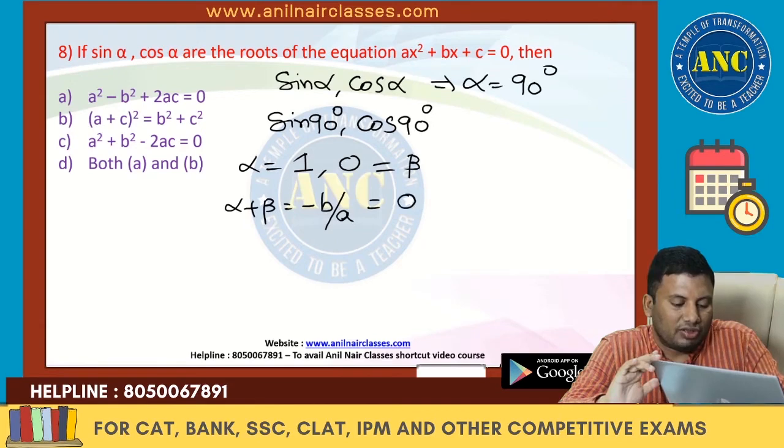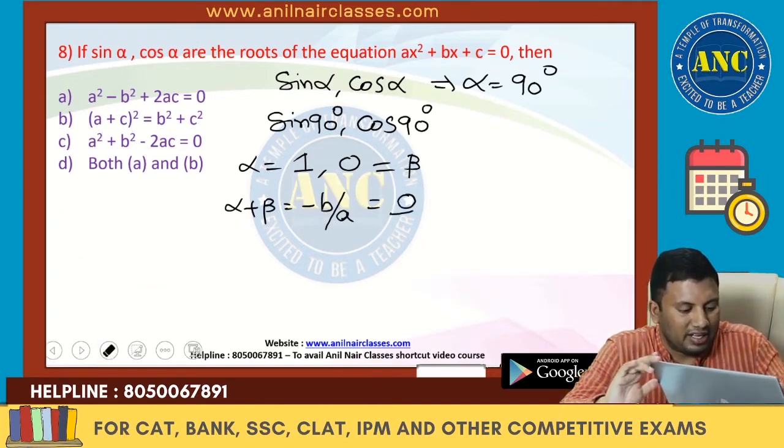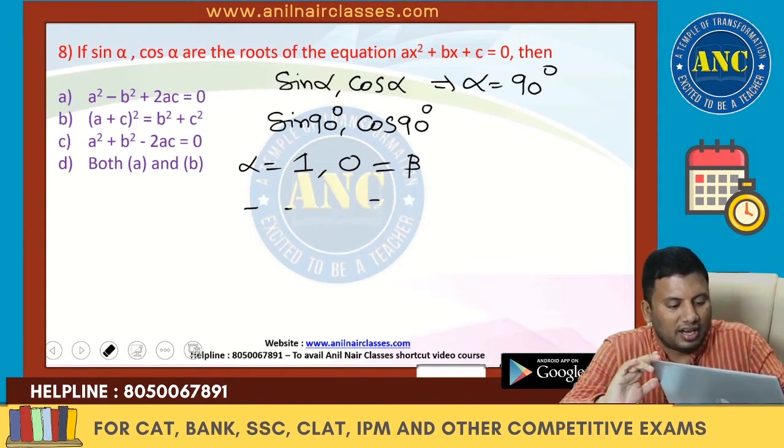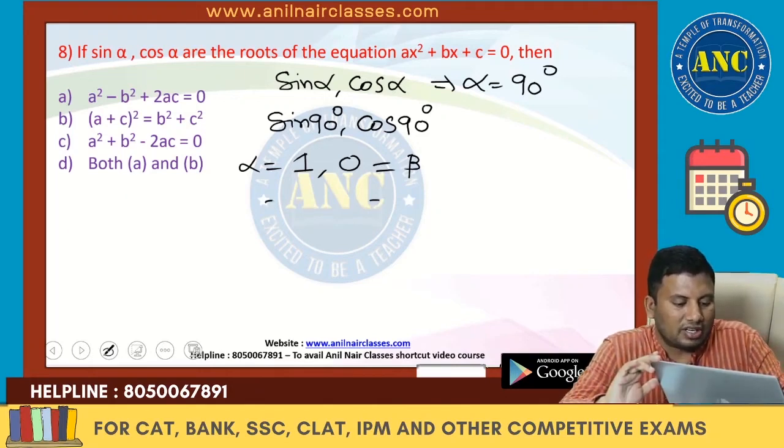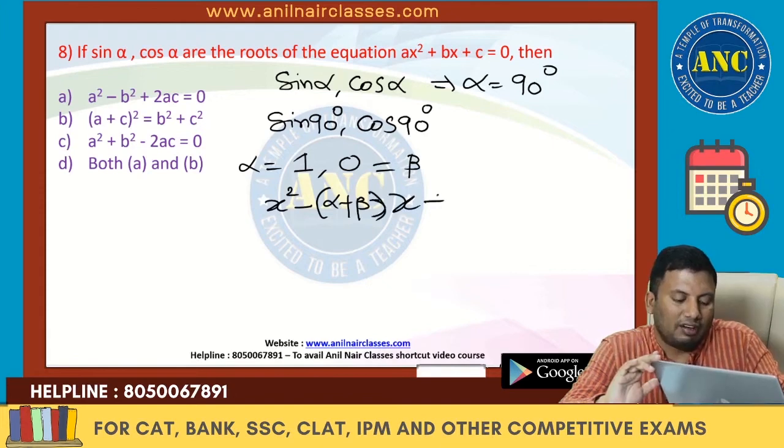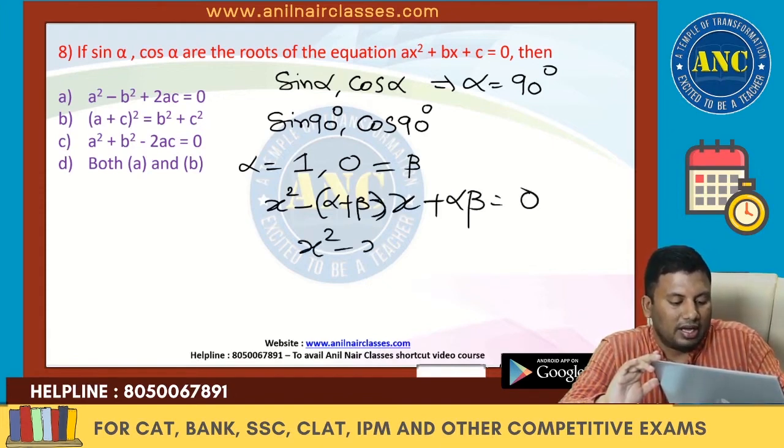So here I hope it is clear. We got this value. If I substitute this value in the equation x square minus alpha plus beta into x plus alpha beta equivalent to 0, this is nothing but x square minus x equivalent to 0.